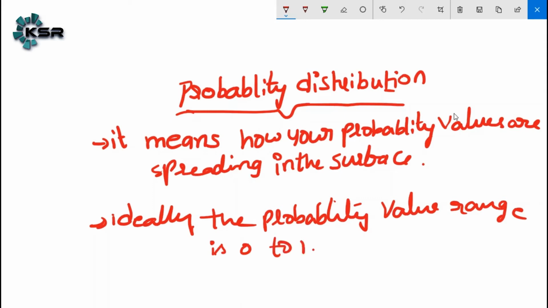So the distribution we may look at a particular point, or the distribution we may look at a certain range, let's say from one point to another point. So that means probability distribution has been classified into two different types.